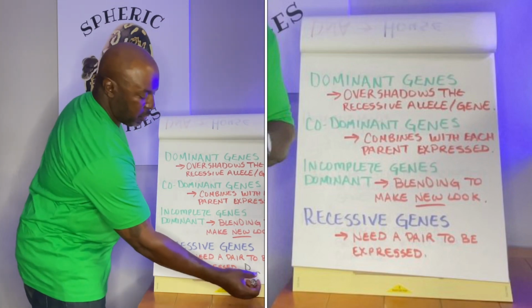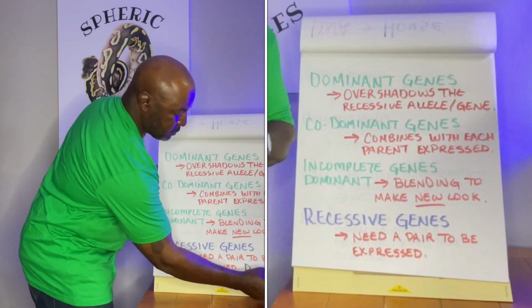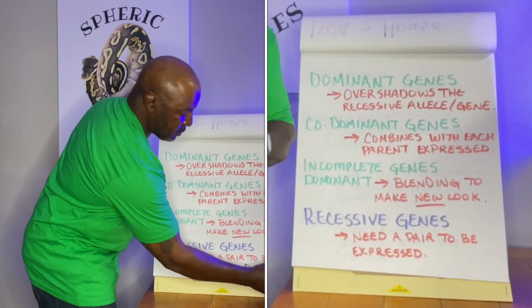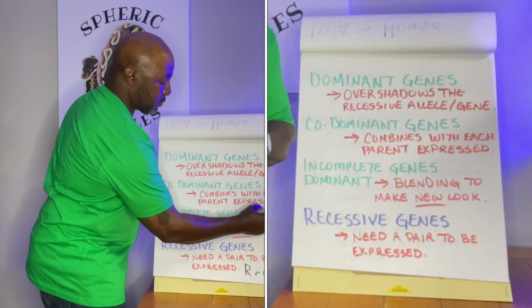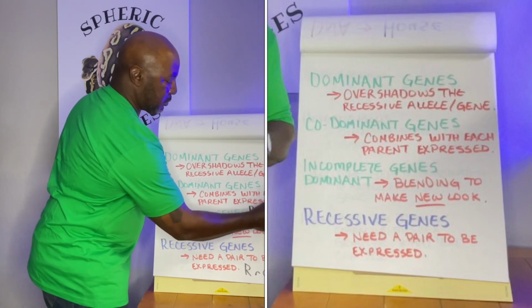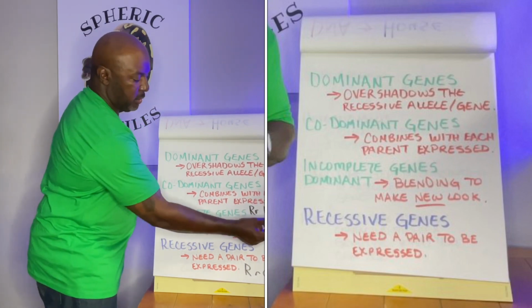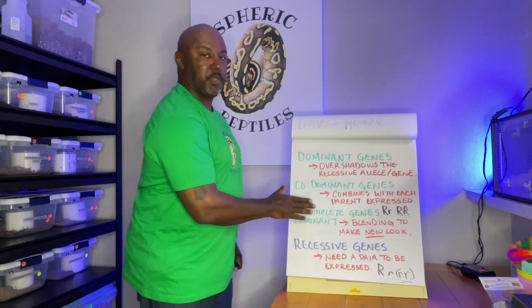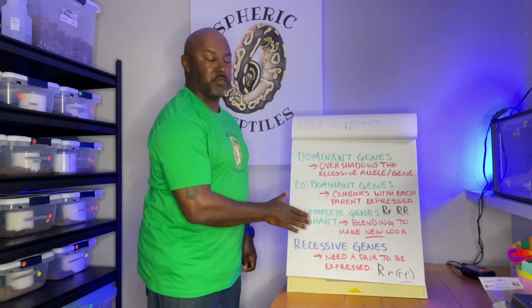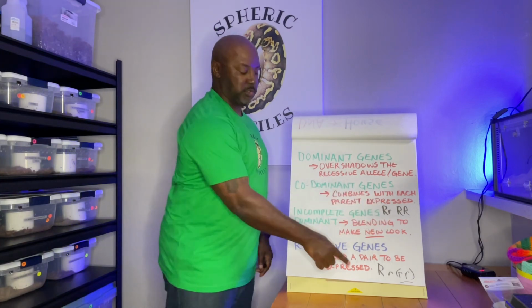So if you have two of these, this would be your recessive. Now this would be your dominant, or this would be your dominant. Either way, you're going to be dominant there. Whatever copy of that gene is from that parent, male or female, it will override that recessive gene.